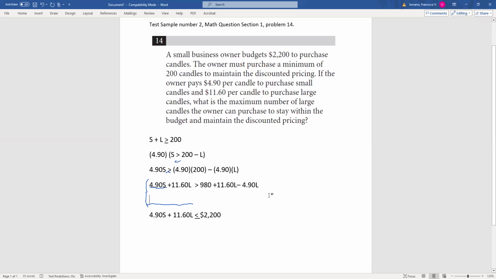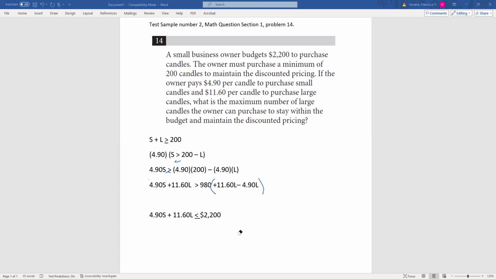We're going to simply subtract 4.90 from 11.60, so that it looks like the 4.90 S plus 11.60 L is the same as this one.